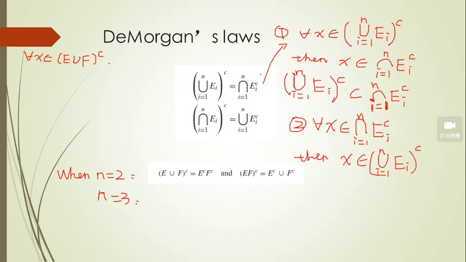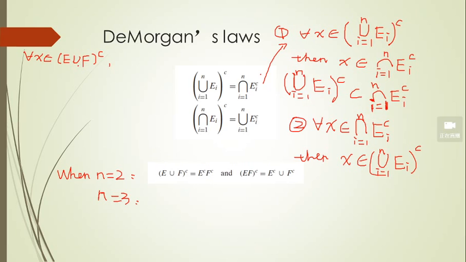If you choose any x, any element, here the x represents any outcome. Any outcome belongs to E union F's complement. Think about the Venn diagram. So this x is neither in E nor in F, right?